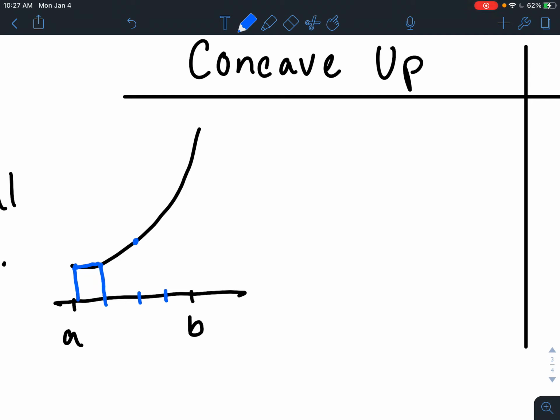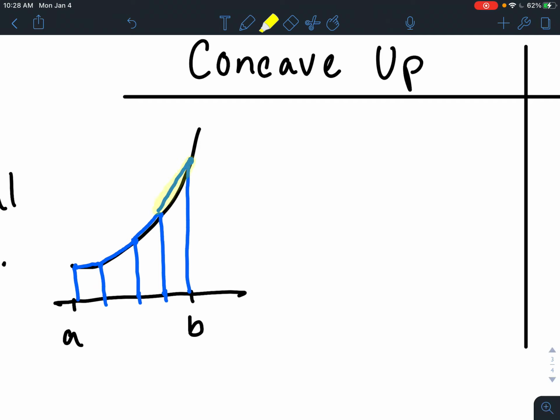If we're drawing trapezoids here, it's a little hard to tell because I'm hand drawing this curve, but if you are concave up, your trapezoids are extending slightly above the curve.